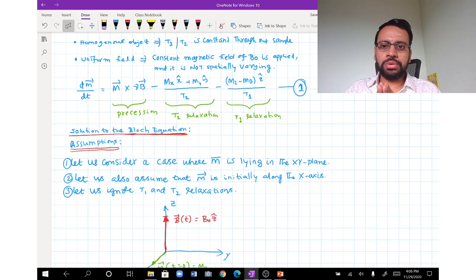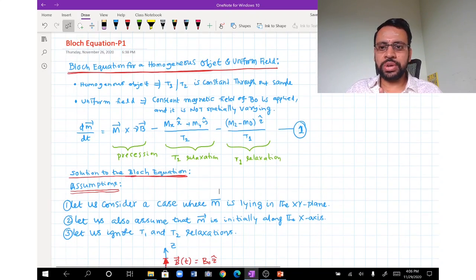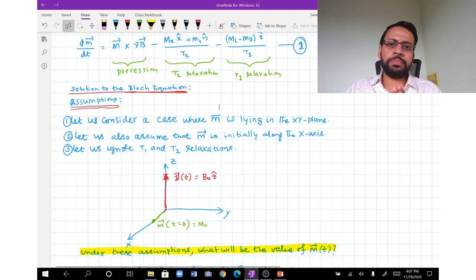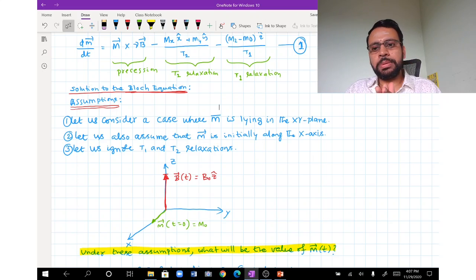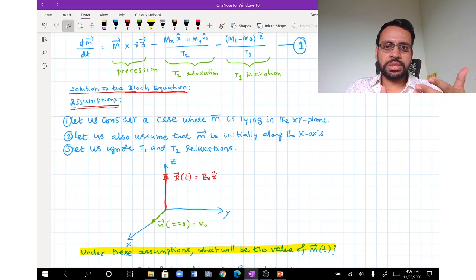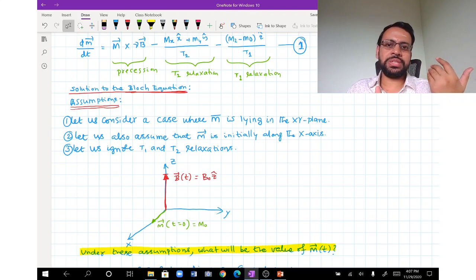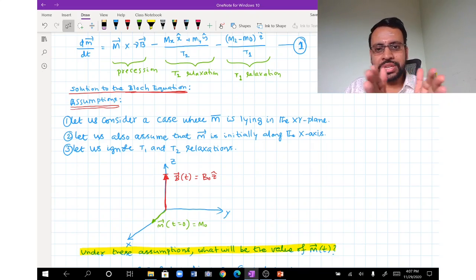Our goal, as I mentioned, is a homogeneous object and a uniform field. To begin our derivation, we will make three further assumptions, which we will slowly lift as we move on towards a generic case.